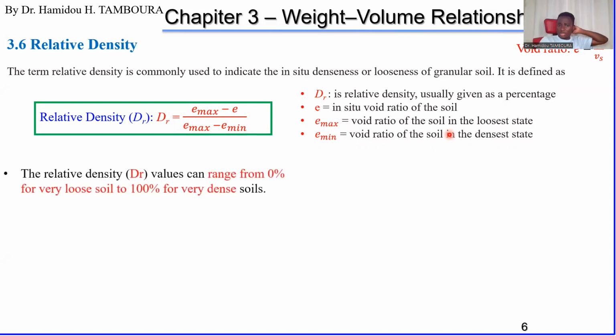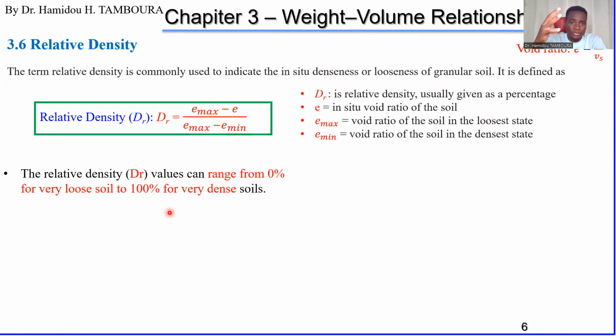This relative density ranges from 0% for very loose soil to 100% for very dense soil. So this is telling you that the higher the relative density, the more dense the soil is.